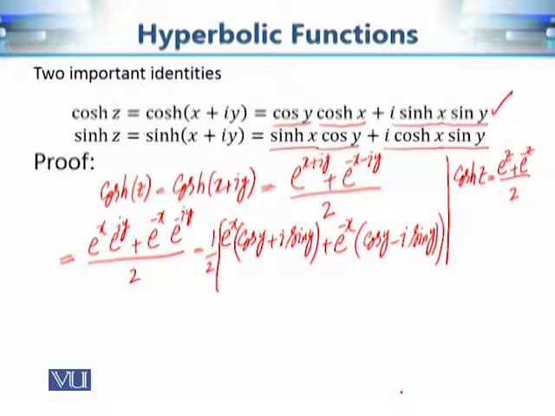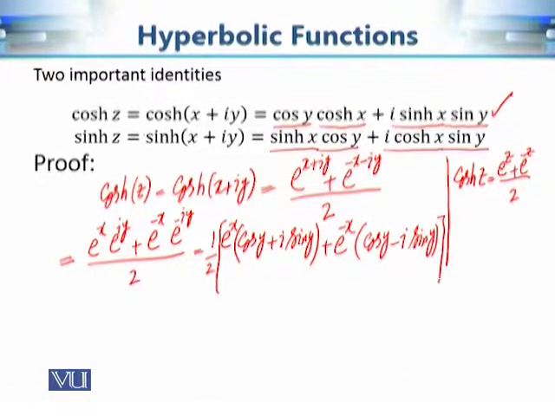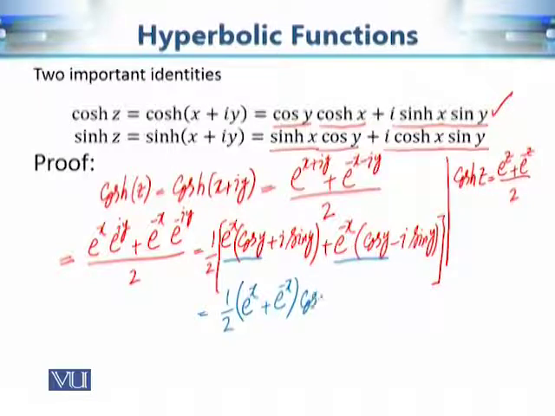Now you have to be careful, so carefully add the terms in the following way. So e raised to power x cosine y, e raised to power minus x cosine y. Let me write down these terms separately: e raised to power x plus e raised to power minus x, and in these two terms cosine y is common. Now let's consider the second terms.